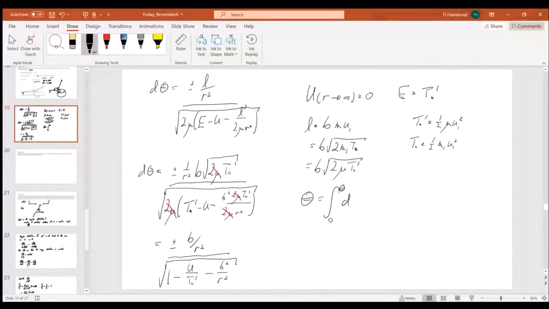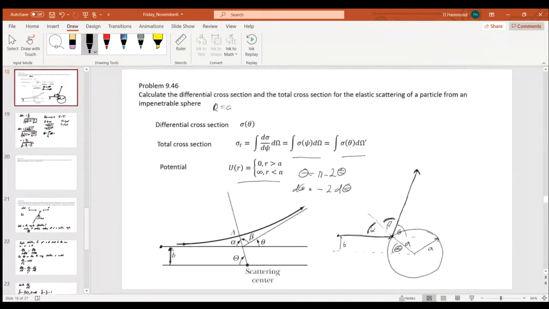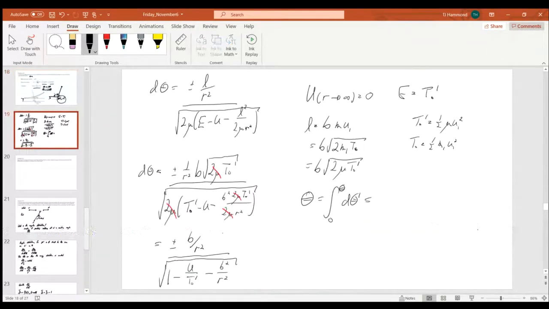It's going to be the integral from 0 to capital theta of d theta prime, and remember our relationship here, d theta equals negative 2 d capital theta, so we have negative 1/2 integral from 0 to theta of d little theta prime.